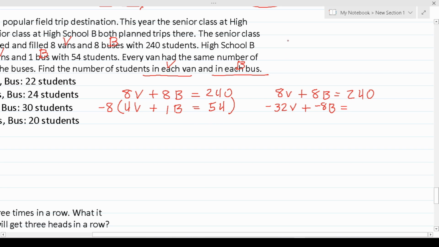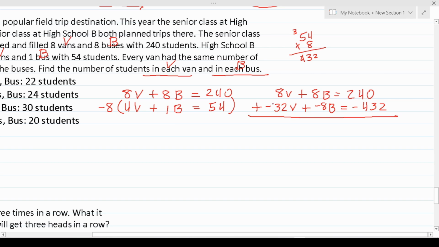I'm going to work that off to the side. That's 54 times 8. 8 times 4 is 32, carry your 3. 5 times 8 is 40, 41, 42, 43. Again, this is negative times a positive, so this is -432.